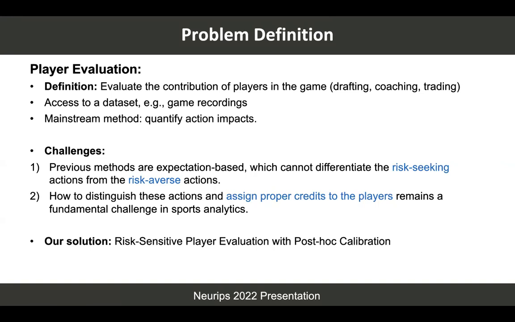How to distinguish these actions and assign proper credit remains a challenge in existing sports analytic methods. Our proposed method uses uncertainty-aware reinforcement learning to learn a risk-sensitive player evaluation metric, and then does a post-hoc calibration.